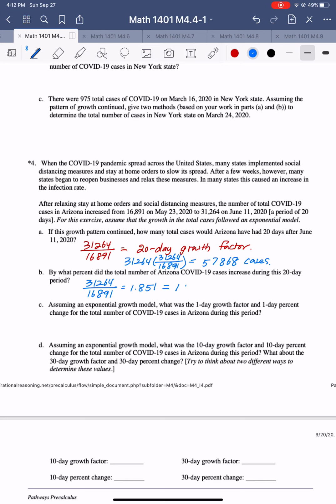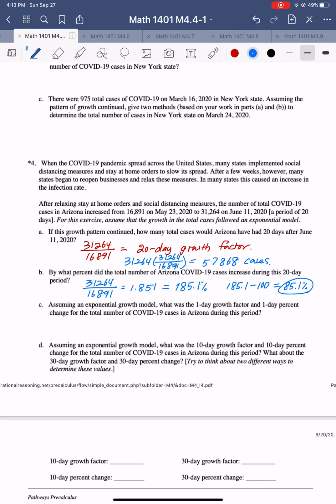So this is going to be 185.1%. So in order to find the percent increase, we do 185.1 subtract 100, which is an 85.1% increase.